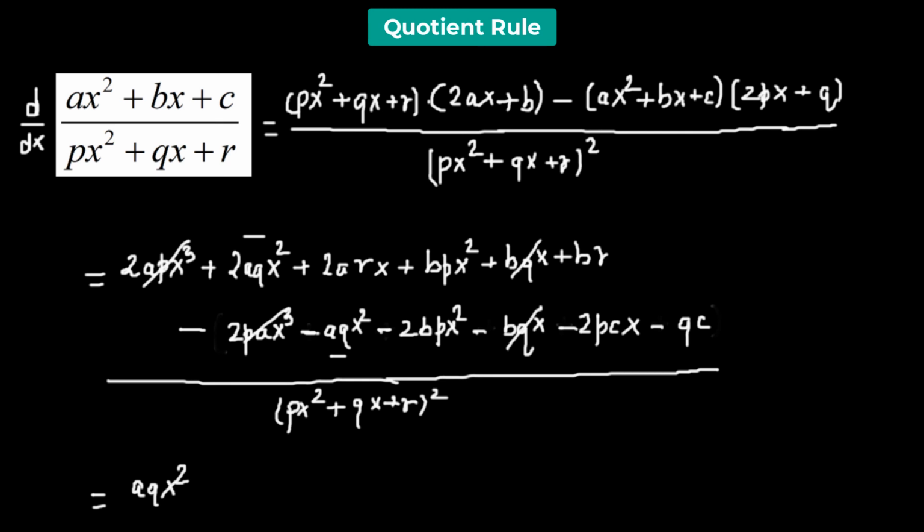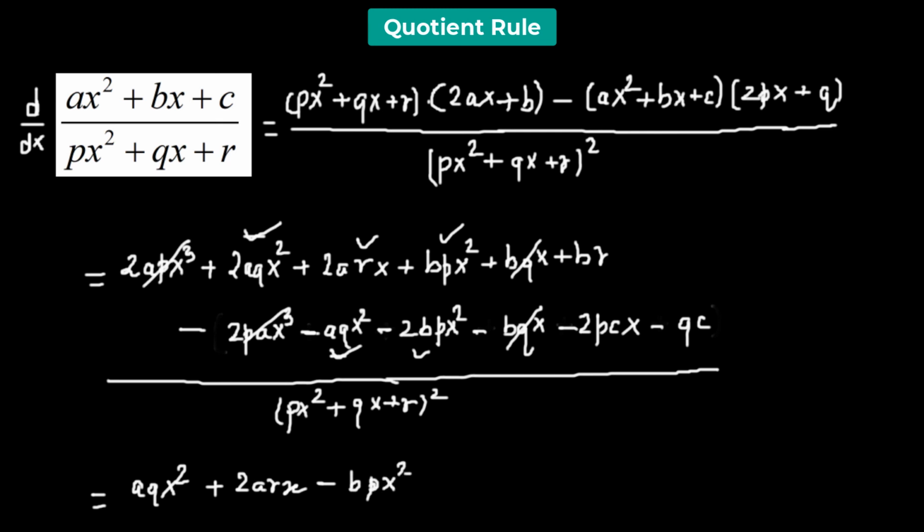Then positive bqx, negative bqx gets cancelled. We have 2arx. There's no 2rx term, so let's write it down. 2arx. So this is complete, and this is complete. So bpx squared and negative 2bpx squared will give us negative bpx squared.